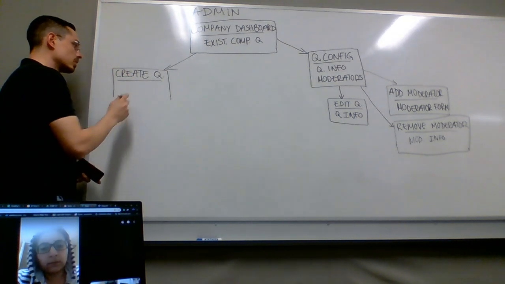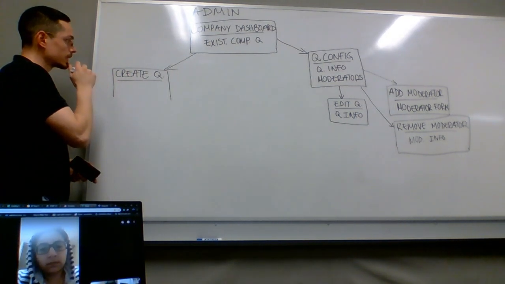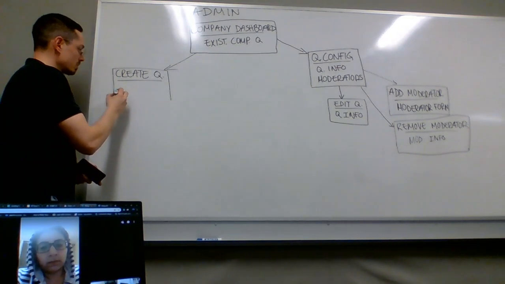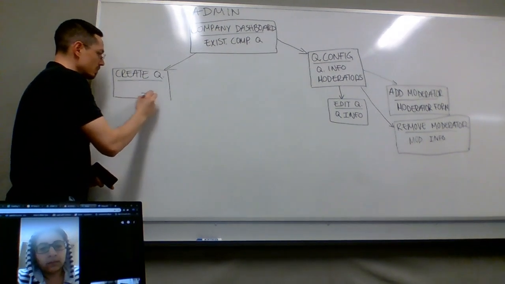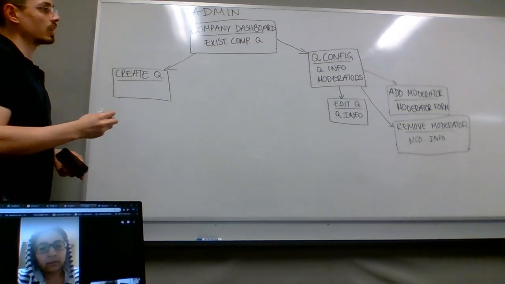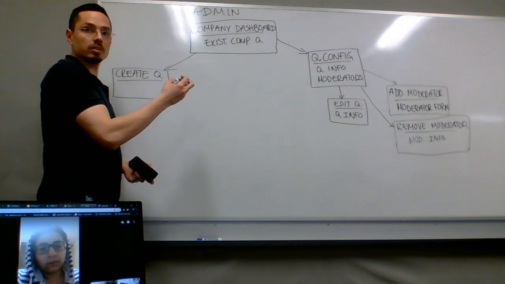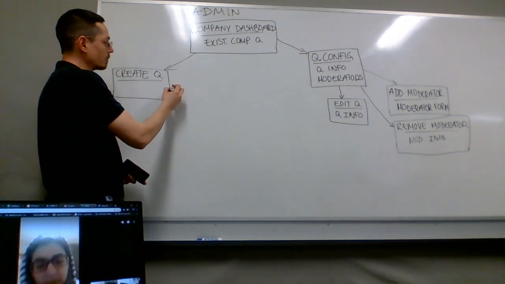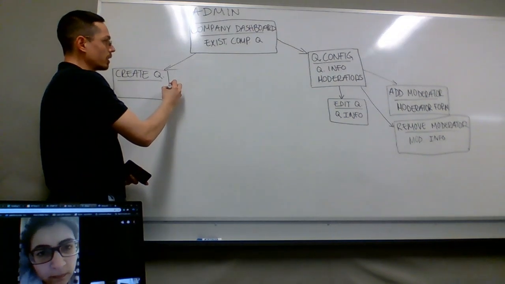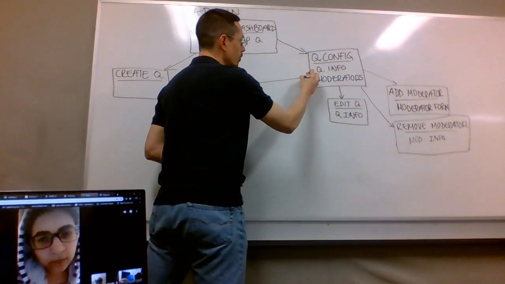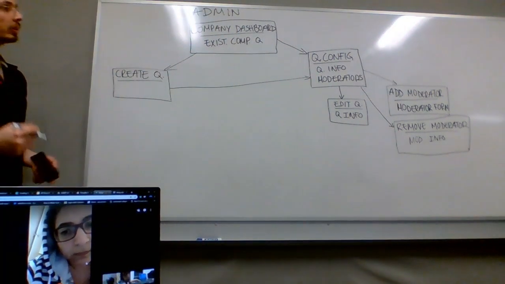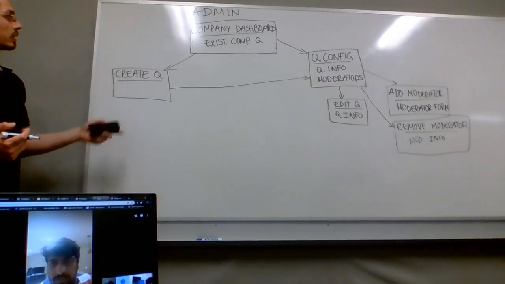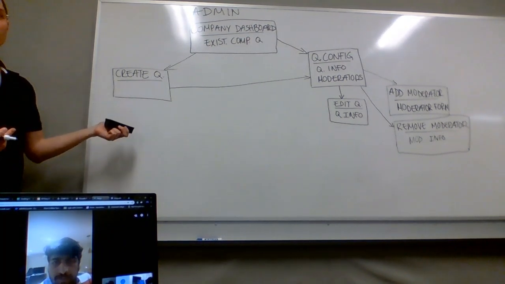But are we displaying something particular here? So Arjun, what Angelica is suggesting is that we point from here to the queue configuration, which will ask for the same fields as creating a queue.